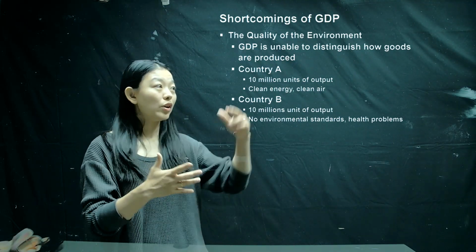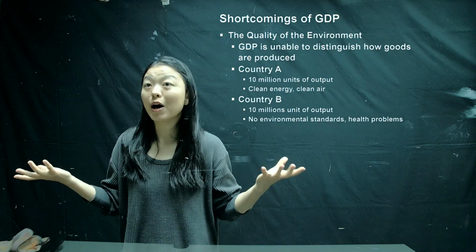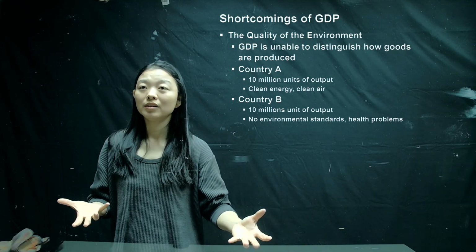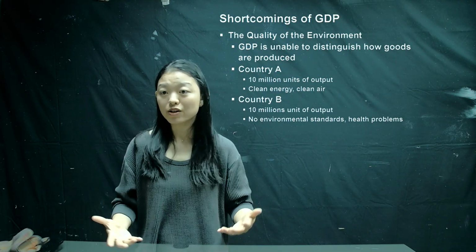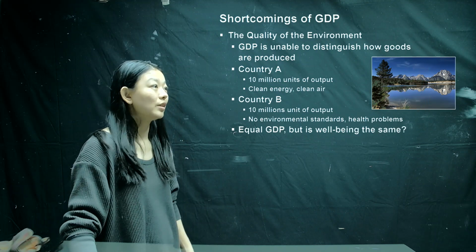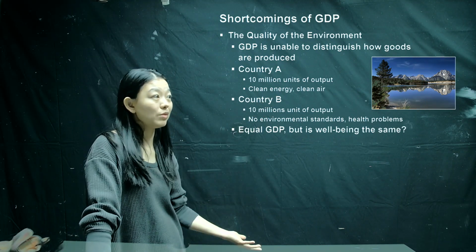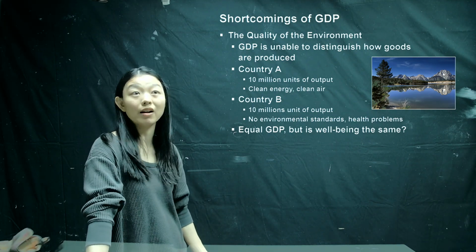So if we look at the GDP data, country A and country B have the same outputs, right? 10 million outputs. However, GDP cannot count environmental standards. So these two countries have equal GDP, but is the well-being in these two countries the same? Definitely not.